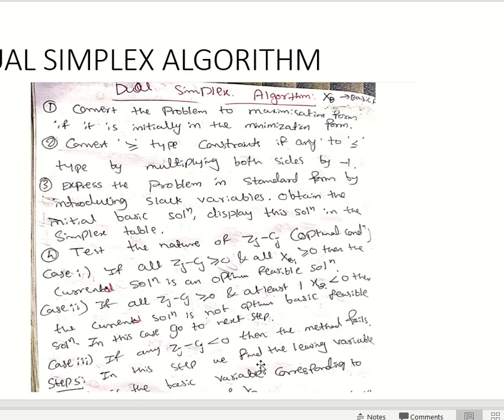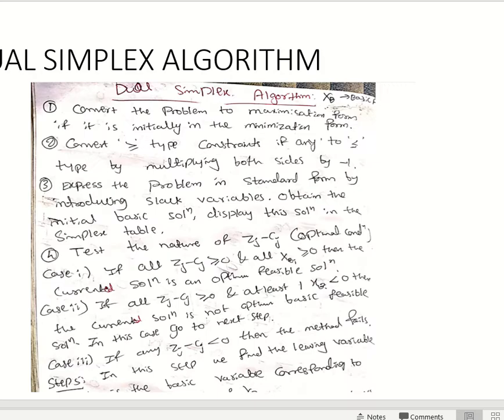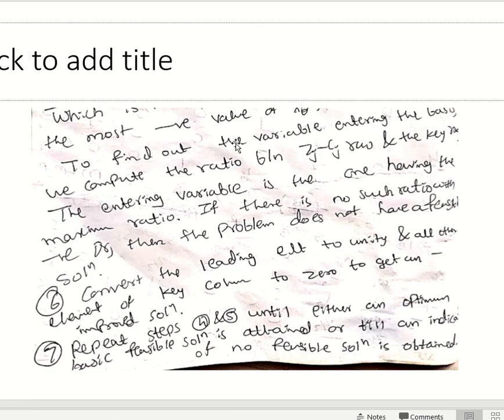In this step, we find the leaving variable, which is the basic variable corresponding to the most negative value of xb.